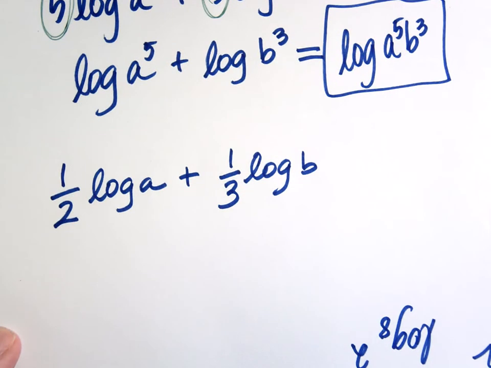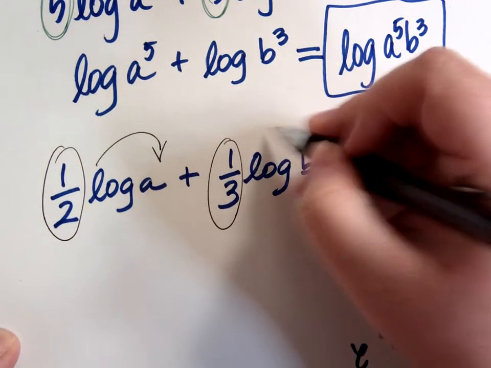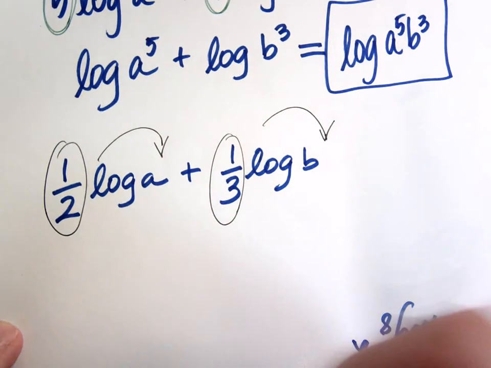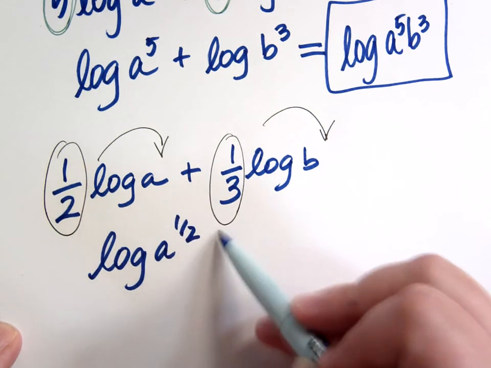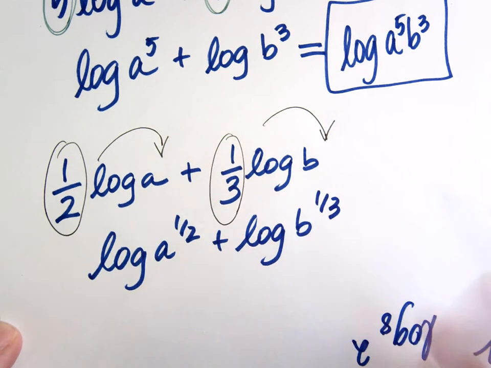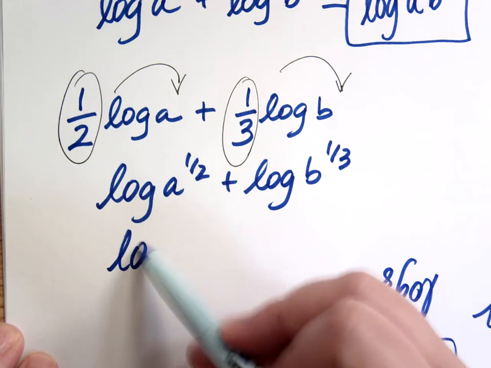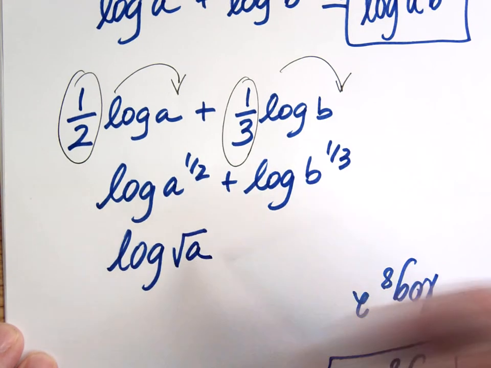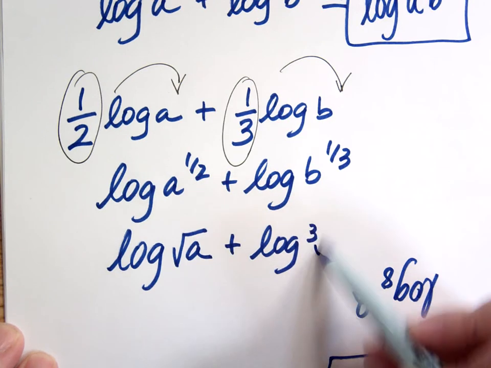I would still be doing the same thing, popping it up in the exponent, and now we have fractional exponents. We don't want to leave it with fractional exponents. We want to remember that a fractional exponent means a specific root. So I would rewrite this as log of square root of a plus log of cube root of b.